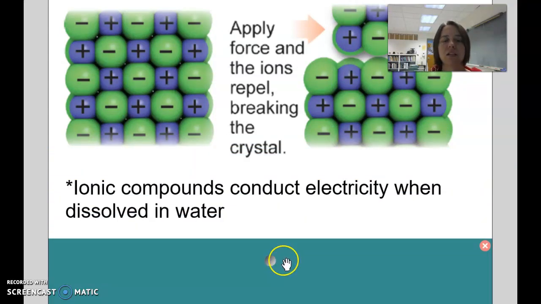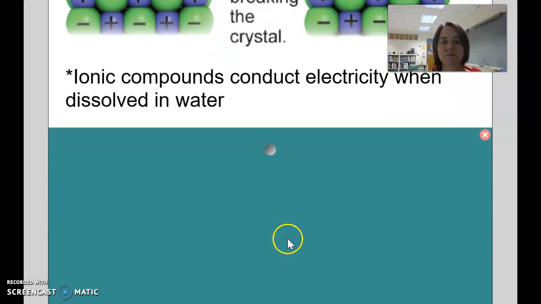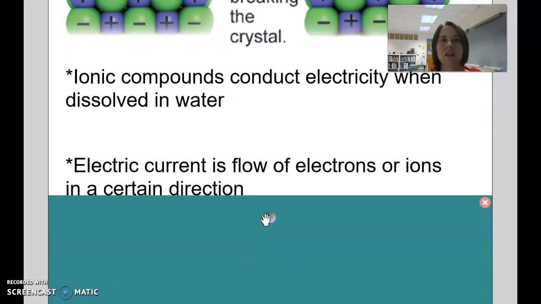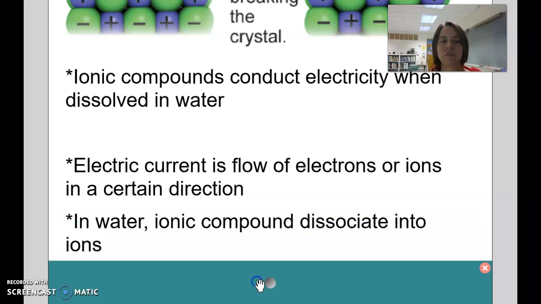Another property is that ionic compounds conduct electricity when dissolved in water. Let's break that down a little bit. What is electricity? It is the electric current, and electric current is the flow of electrons or ions in one direction. In water, the ionic compounds dissociate into ions.